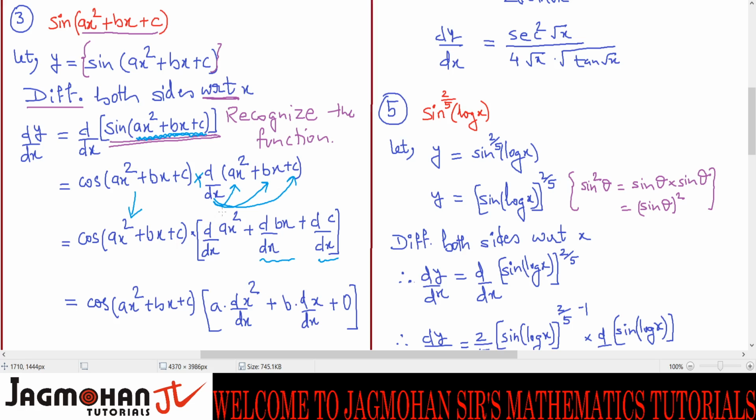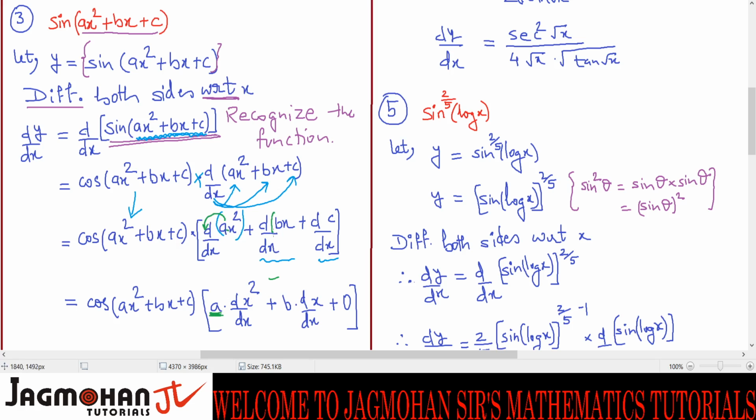So now d by dx of ax square, a is a constant. Here you are using the result where you have a constant multiplied with a function. So this a will be taken out: a into d by dx of x square.